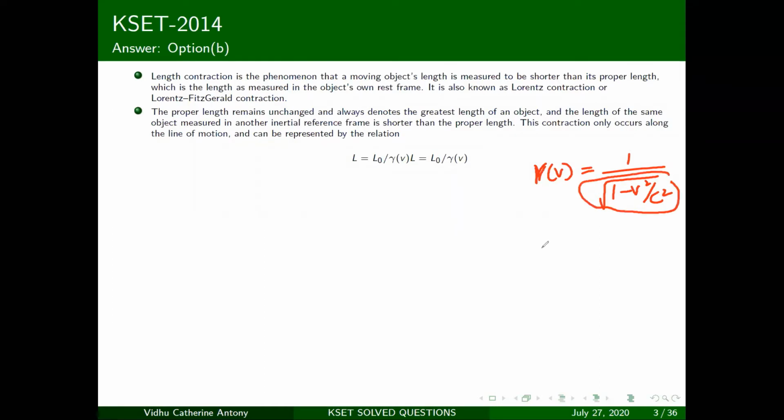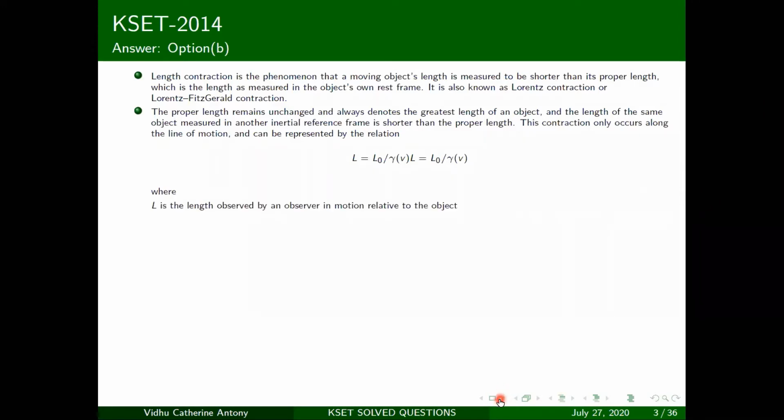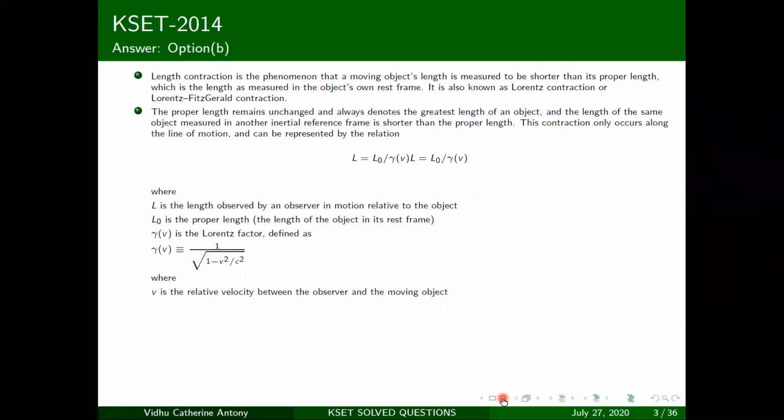So this is your length, then L naught is your proper length. It's called the Lorentz factor, gamma of V, 1 divided by root of 1 minus V square by C square.